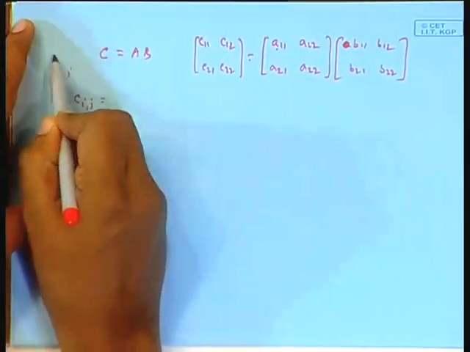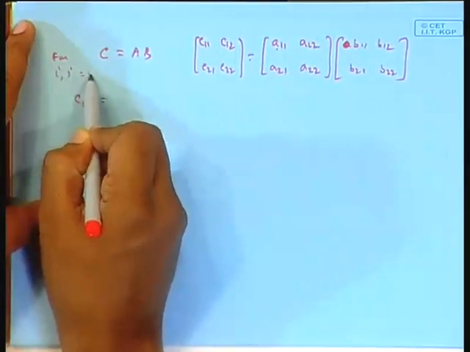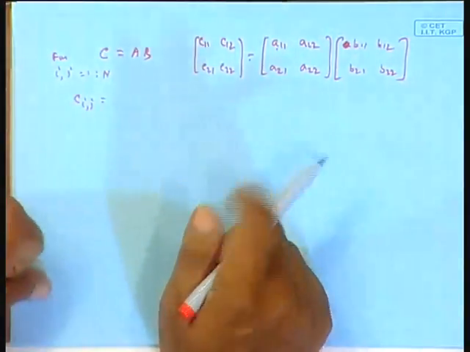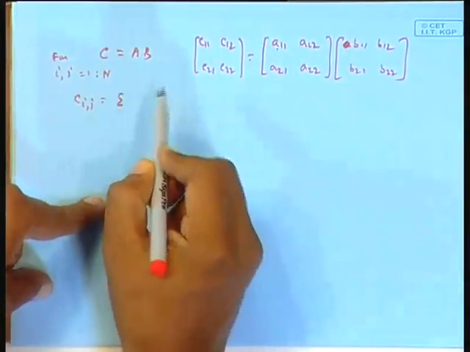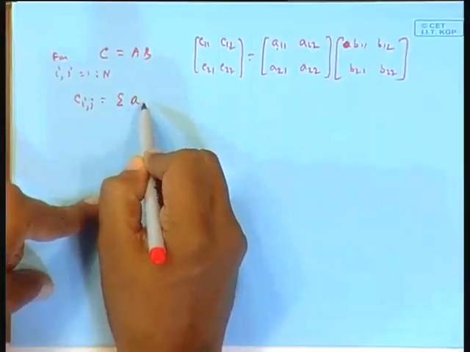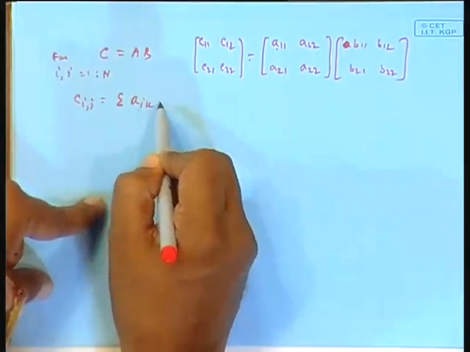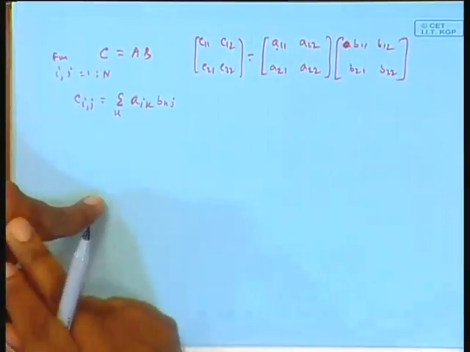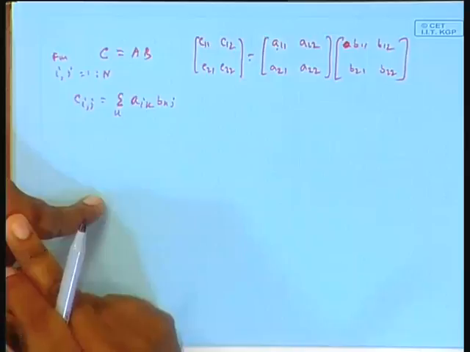That is for i, j from 1 to n, 1 to n, MATLAB notation. C i j will be what? A i k B k j. So, how many indices? 3. So, it will be 3 dimensions.